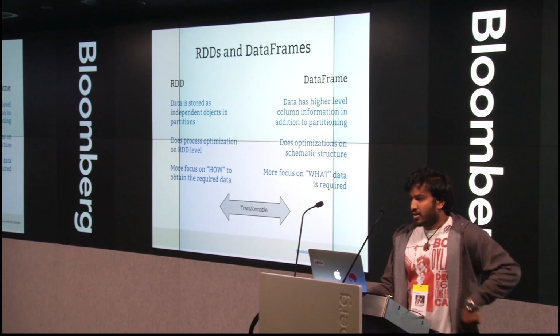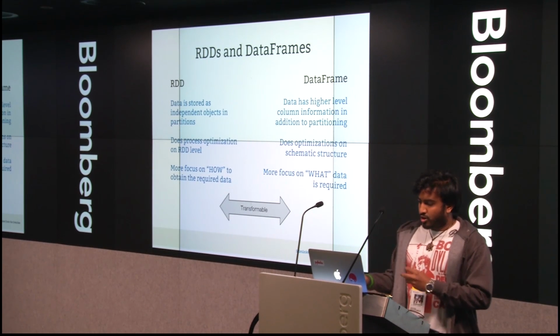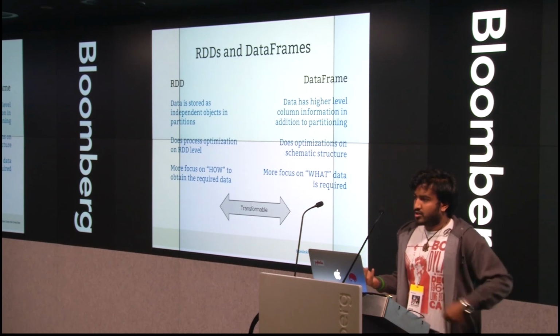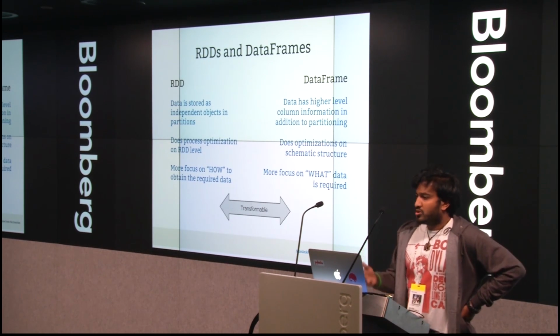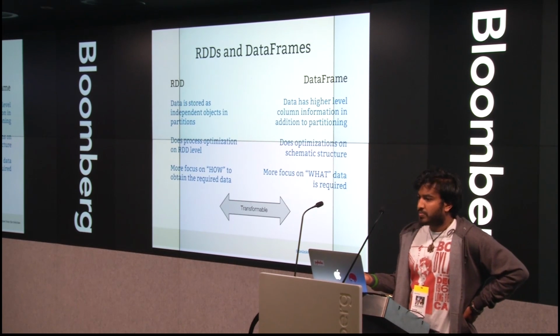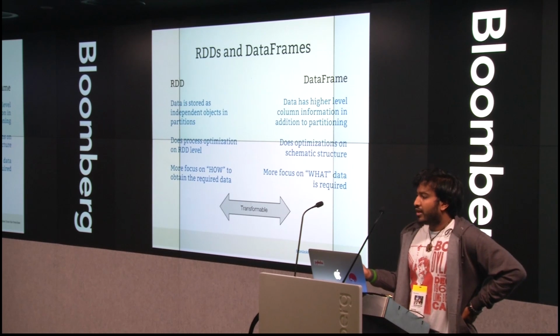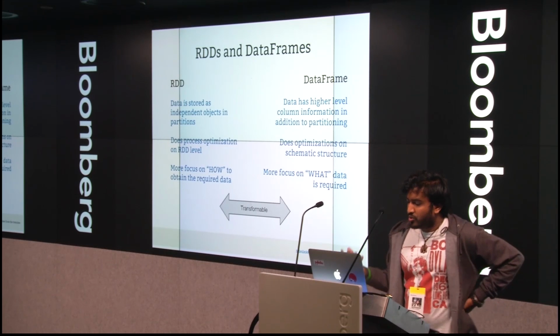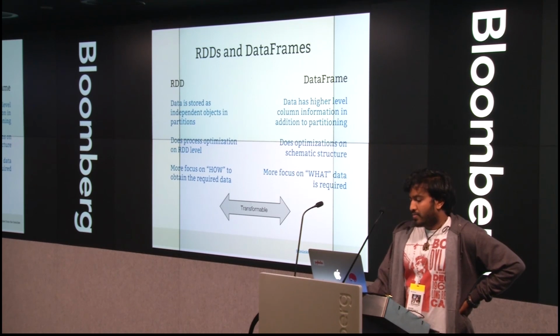Whereas data frames, because they have additional information on top of that, use this schema information to do further optimizations. For example, Spark knows that the age column is an integer, so it knows which data to expect and which compression algorithms work best with integers. So it uses this sort of information to further optimize the data pipeline.